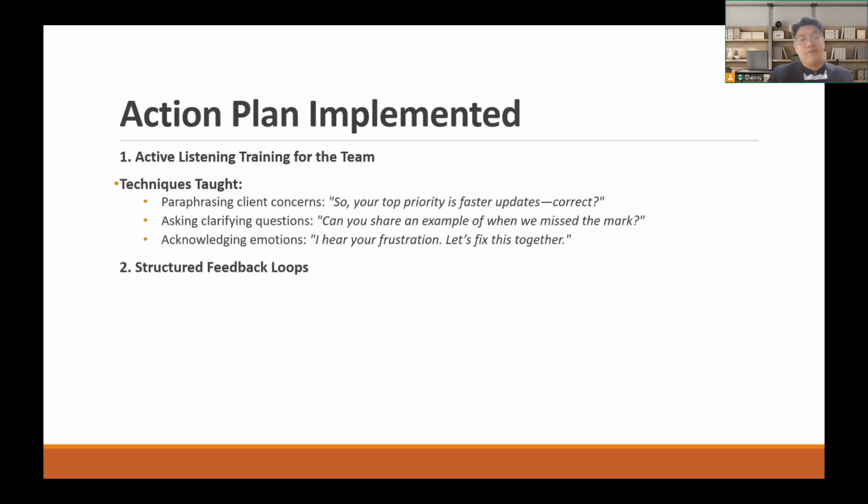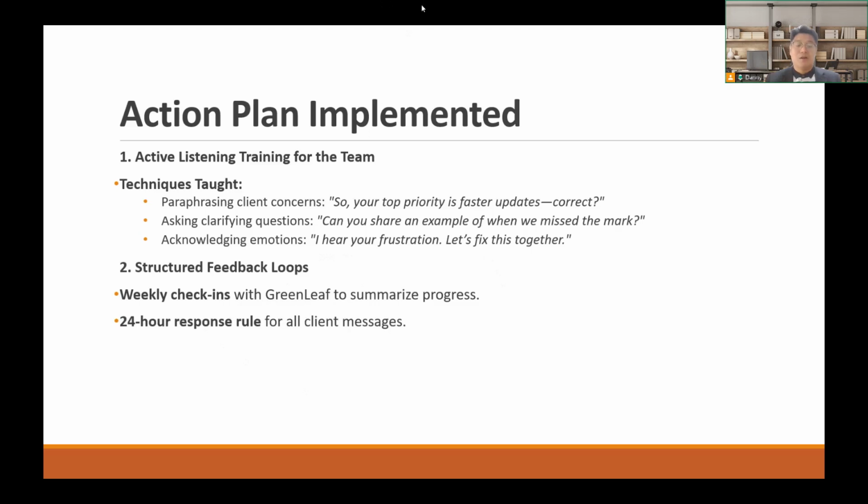Okay. And next one is about the structured feedback loops. So this is a kind of systematic management of the team. For example, we should establish a weekly check-in with the company to summarize the progress, to make people feel assured about your efforts, and a 24-hour response rule for all the client messages.